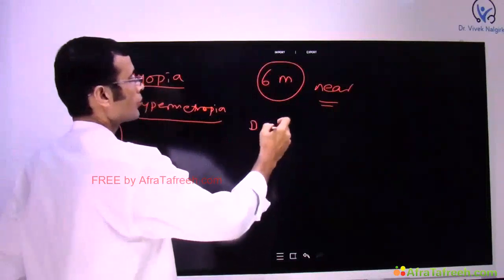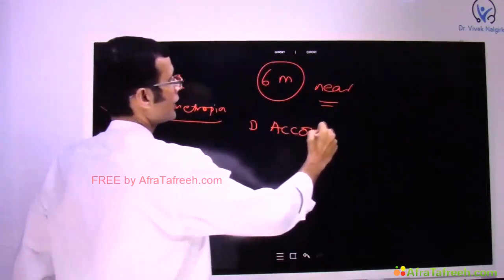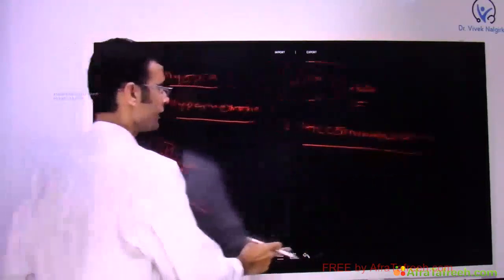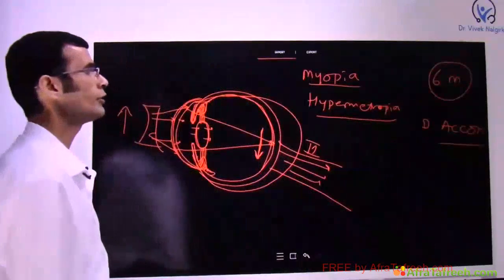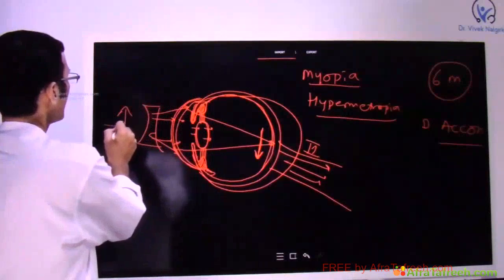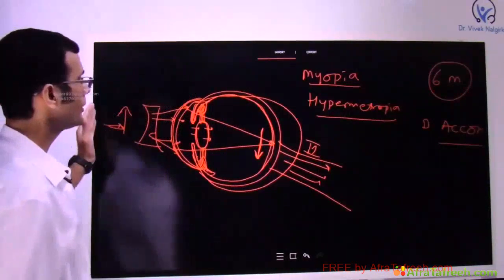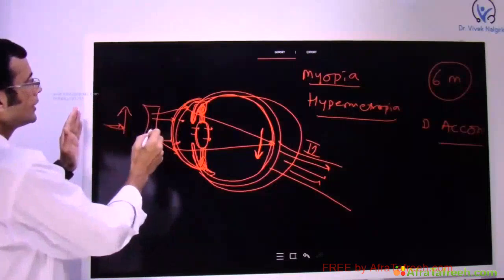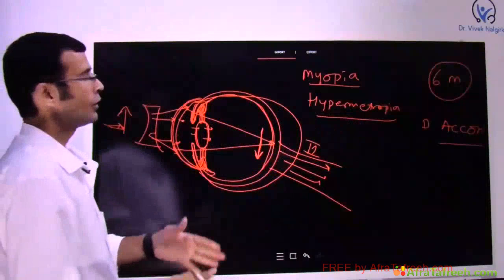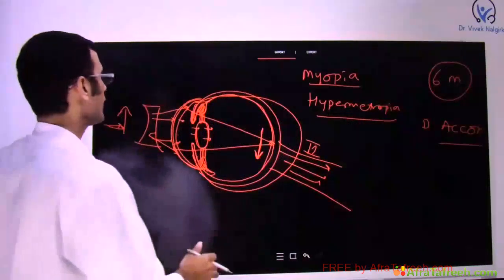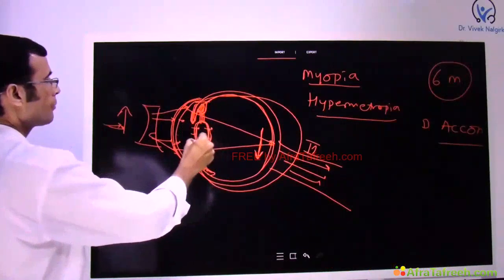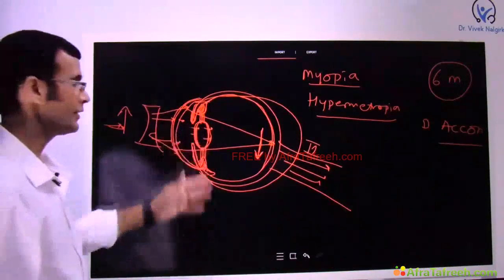Those changes are called accommodation reaction, also called accommodation convergence reaction. As the object starts coming closer and closer to the eye, the image starts forming beyond the retina, and therefore, in order to form the image on the retina, the curvature of the lens and dioptric power of the lens needs to be increased.